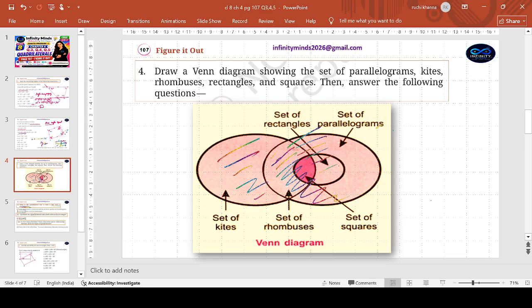In this diagram of kite and parallelogram, can you spot something which is common, which is falling in both? See, I have highlighted this. This is part of your kite as well as parallelogram. So that's the point where the diagram is helping you.